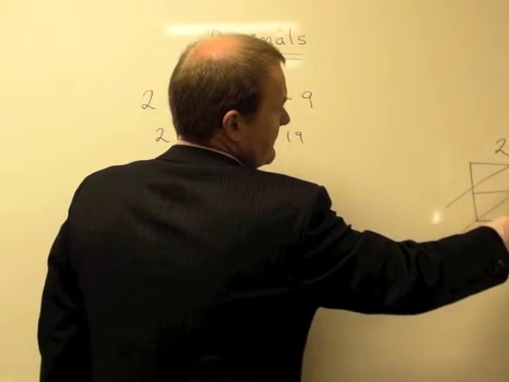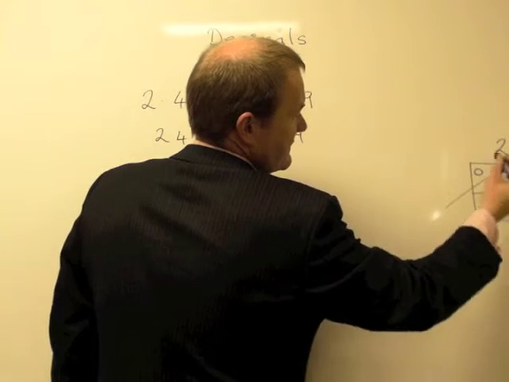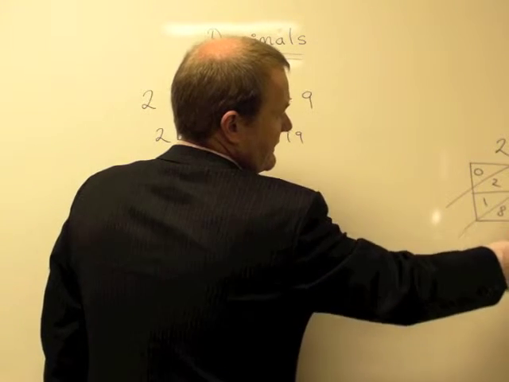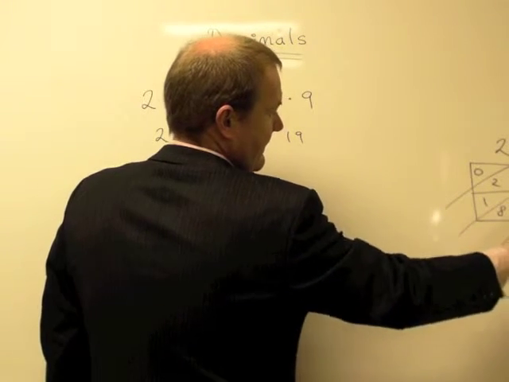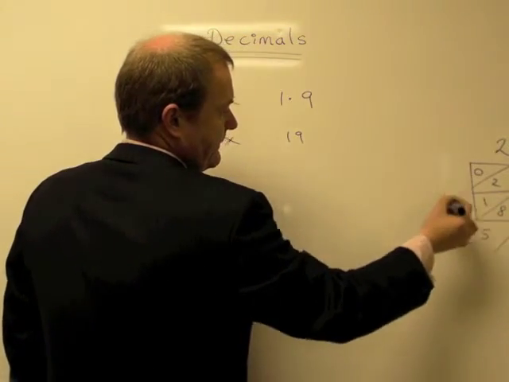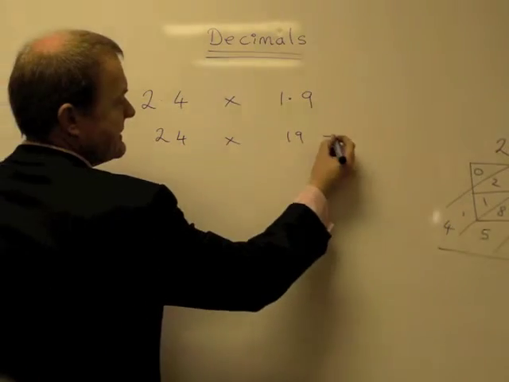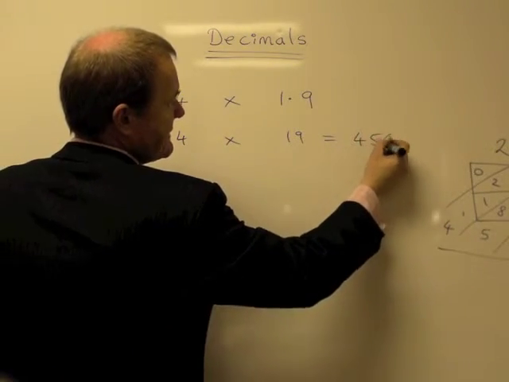One 4 is 4. 1 2 is 2. 4 9s are 36. 2 9s are 18. Add up down the diagonals. 6, 15, 4, 456. So I now know that 24 times 19 is 456.